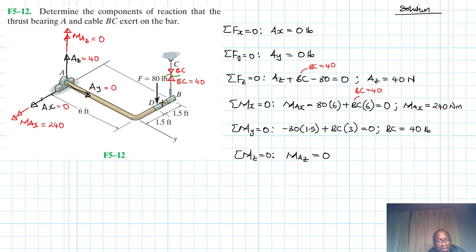Let's check whether this is in equilibrium. In the x-axis, AX is 0. In the y-axis, AY is 0. In the z-axis, we have a 40 and then we have another 40, two 40s up, which gives us 80, and an 80 down. And we have this moment about the x-axis.